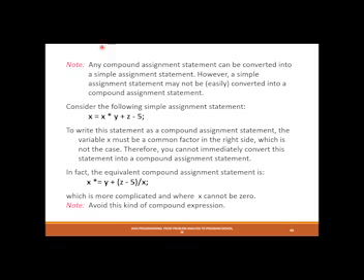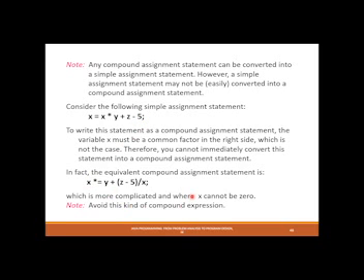Note, any compound assignment statement can be converted into a simple assignment statement. However, a simple assignment statement may not be easily converted into a compound assignment statement. Let's say, let's have this simple assignment statement, x equals x times y plus z minus 5, semicolon.